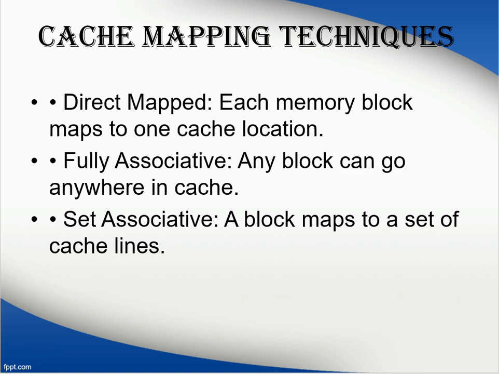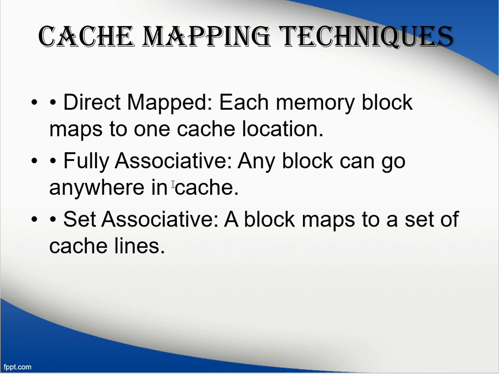Now let's move on to the fully associative cache mapping. The fully associative is similar to direct mapping in structure, but enables a memory block to be mapped to any cache location rather than to a pre-specified cache memory location.